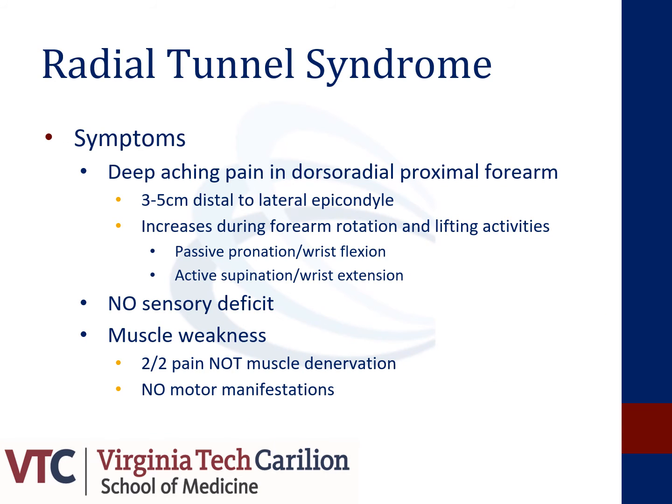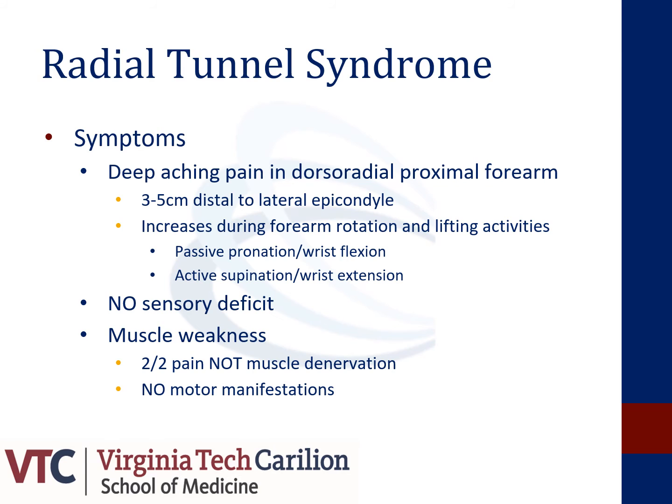Symptoms associated with radial tunnel syndrome include a deep aching sensation along the dorsal radial proximal forearm. This deep aching sensation is about 3 to 5 centimeters distal to the lateral epicondyle. The location of this discomfort is an essential element to distinguish between radial tunnel syndrome and lateral epicondylitis.